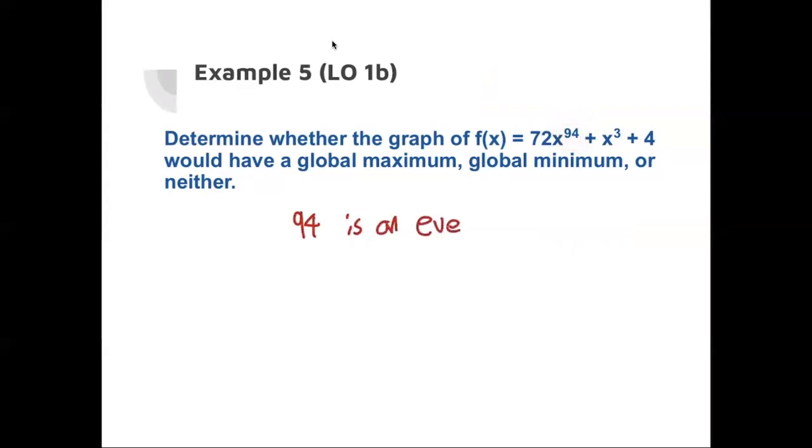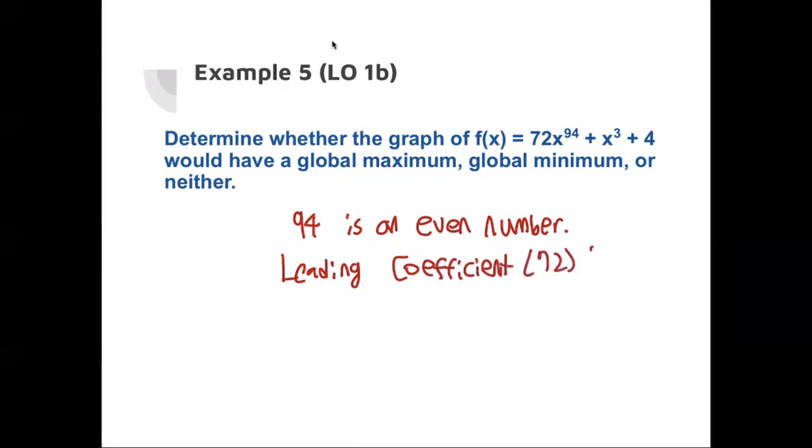Correct. Yes, it is an even number. The leading coefficient is positive, right? So without even graphing it, we can know that end behavior is something like this, right? So we should know that it has a global minimum.